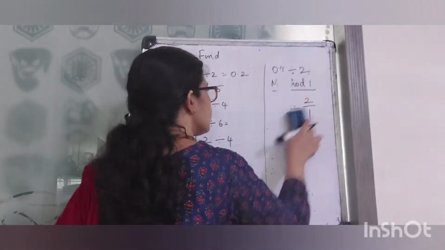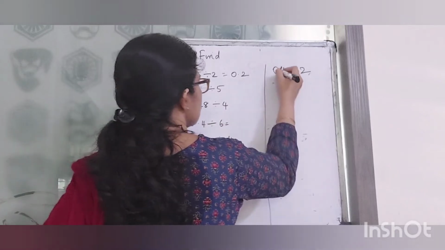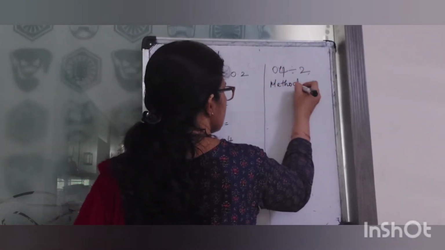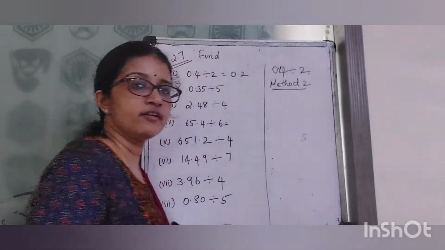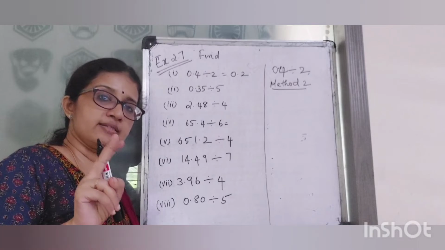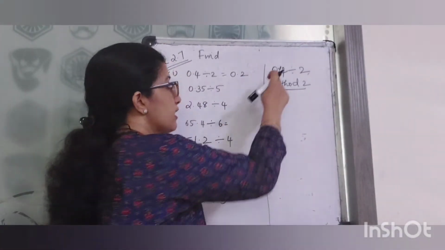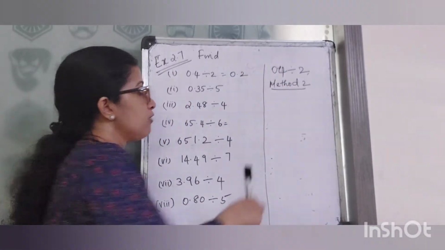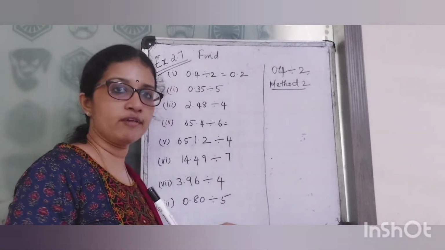Now let's see method 2. What is the question? 0.4 divided by 2. The second method is that we have to see how we can remove this decimal point. We should convert the decimal number into a whole number. How can we do that?